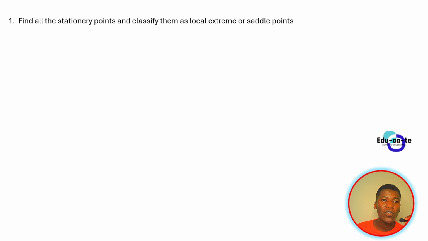It says find all the stationary points and classify them as local extremes or as saddle points. The function is f(x,y) = x cubed minus 6xy plus y cubed. We do not even know the stationary points yet, so we need to first find the stationary points, the ones that have a gradient of 0 or no gradient at all.